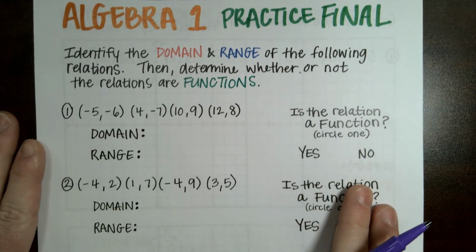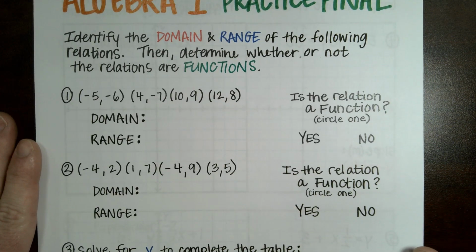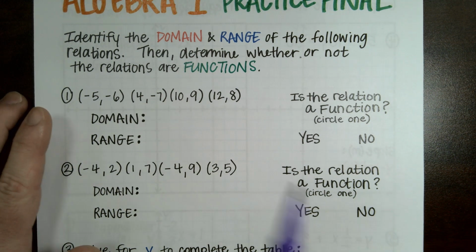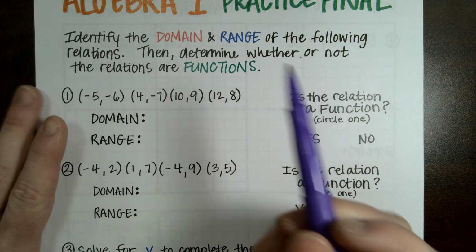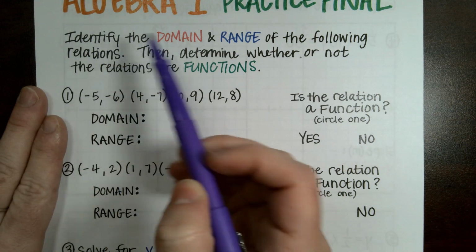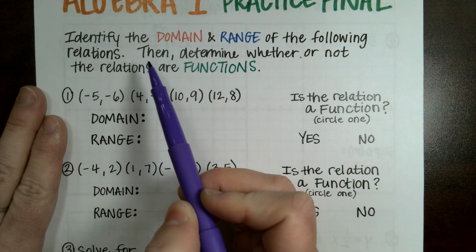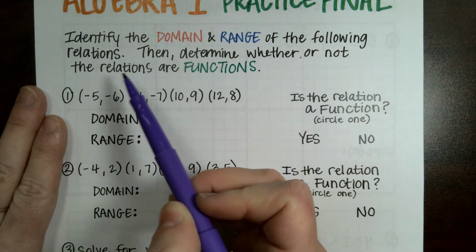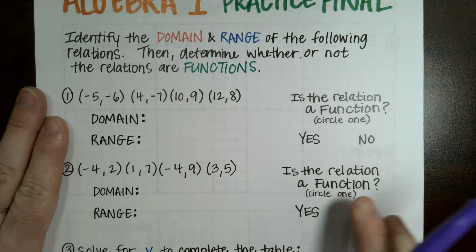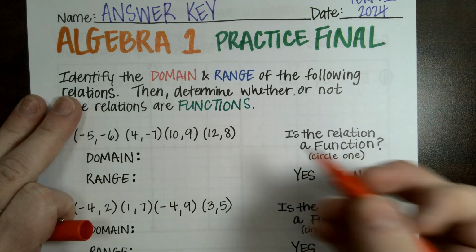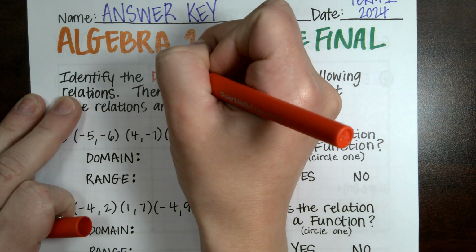So on the first page, we are throwing it back to functions. You guys remember those? So the first thing we're going to do on these first two questions is identify the domain and the range of the following relations, and then determine whether or not the relations are functions. So first of all, which values are included in the domain? Yes, our x values.